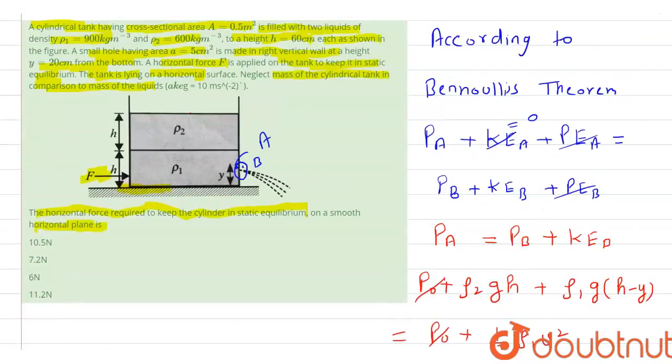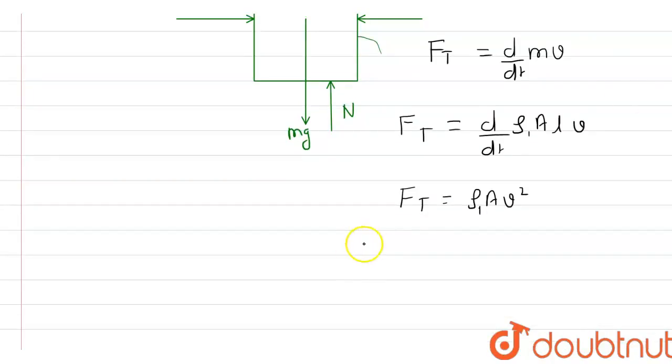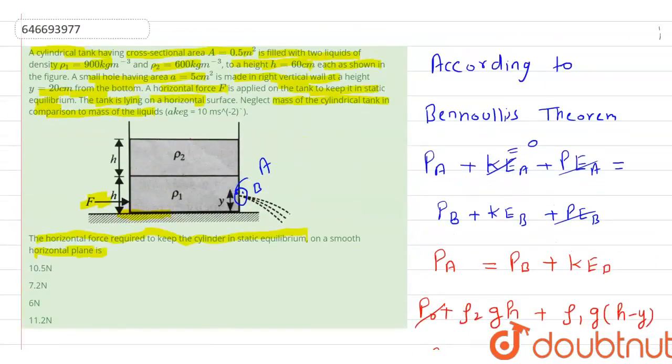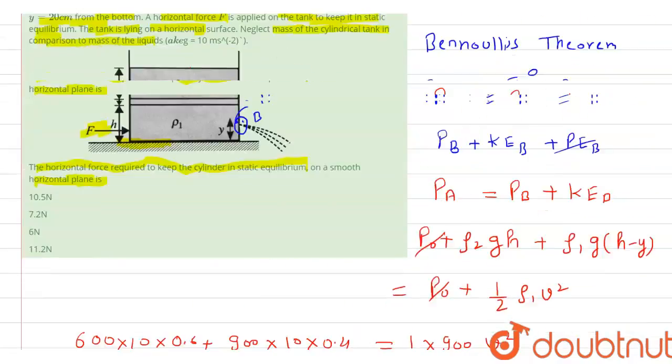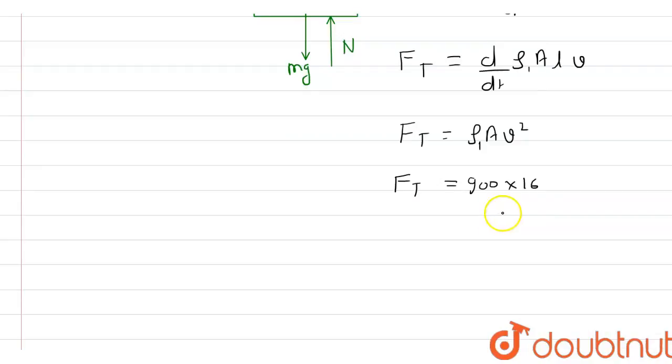The value of ρ1 is given as 900 kilogram per meter cube, multiplied by the square of the velocity 4, which is 16, and the area is 5 centimeter square. When we convert this into meter square, this will be 5 × 10^−4.